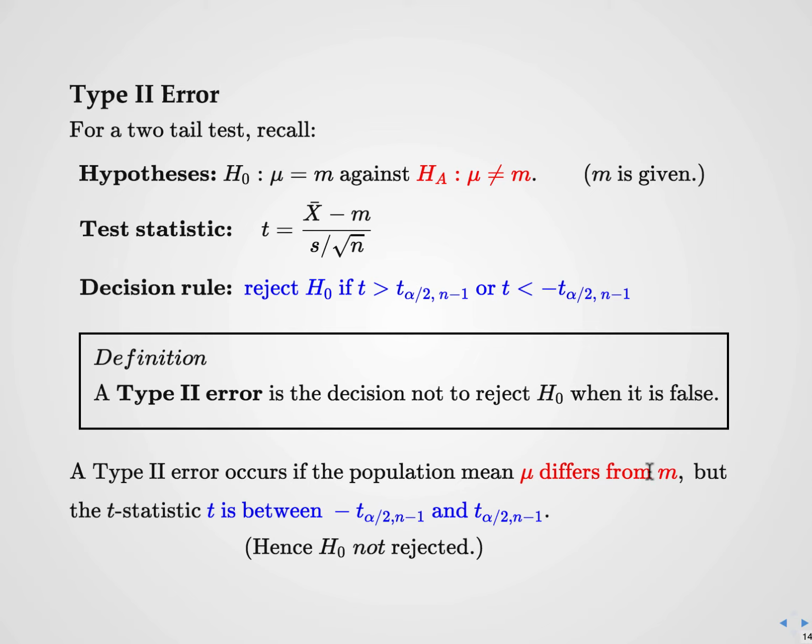But the t-statistic that we calculate in order to implement this decision rule turns out to fall between the critical values, or alternatively, the p-value turns out to be greater than 0.05. So in this situation, if the t-statistic falls between the critical values, or if the p-value is bigger than alpha, then the null hypothesis would not be rejected, even though in the population, unknown to us, the statistician, mu is different from m.